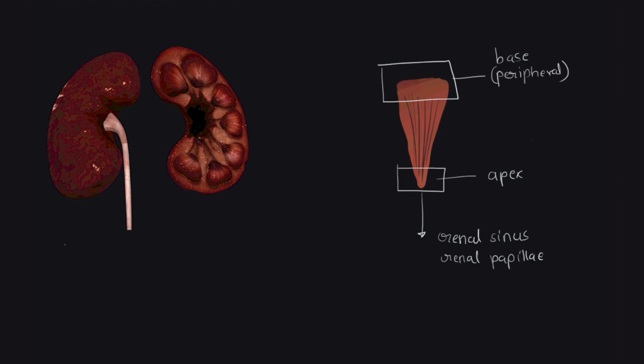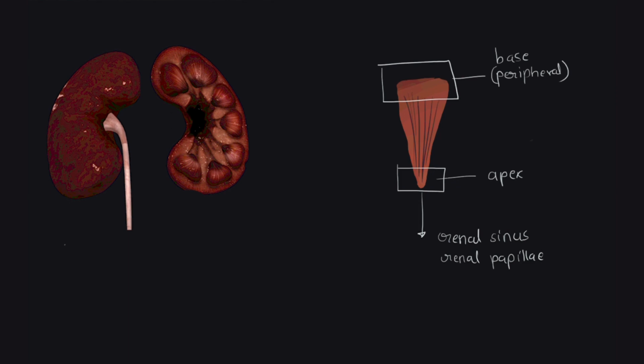Basically, it's this small area that you can see, which is projecting towards the medial side of the kidney. So that's the renal sinus, and internally at this side, the entire renal pyramid becomes a renal papilla.